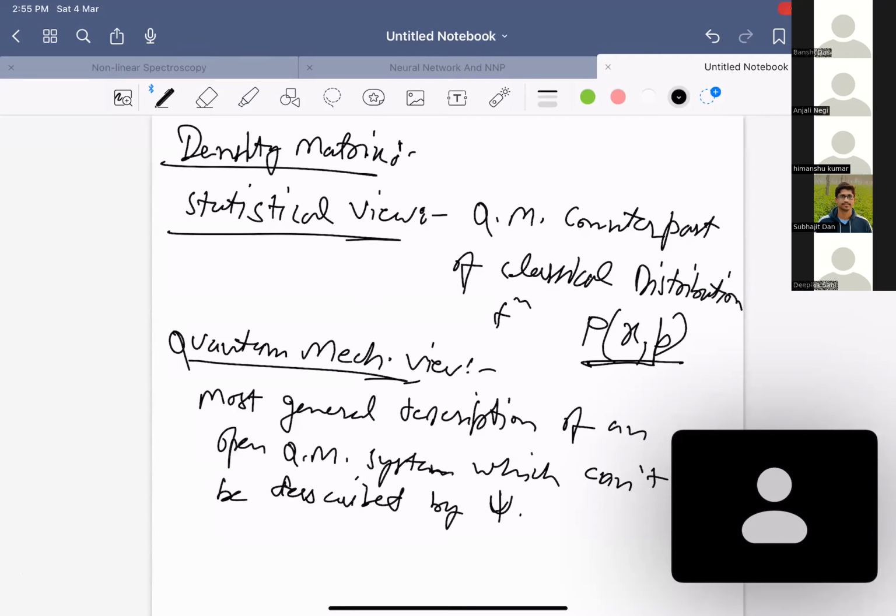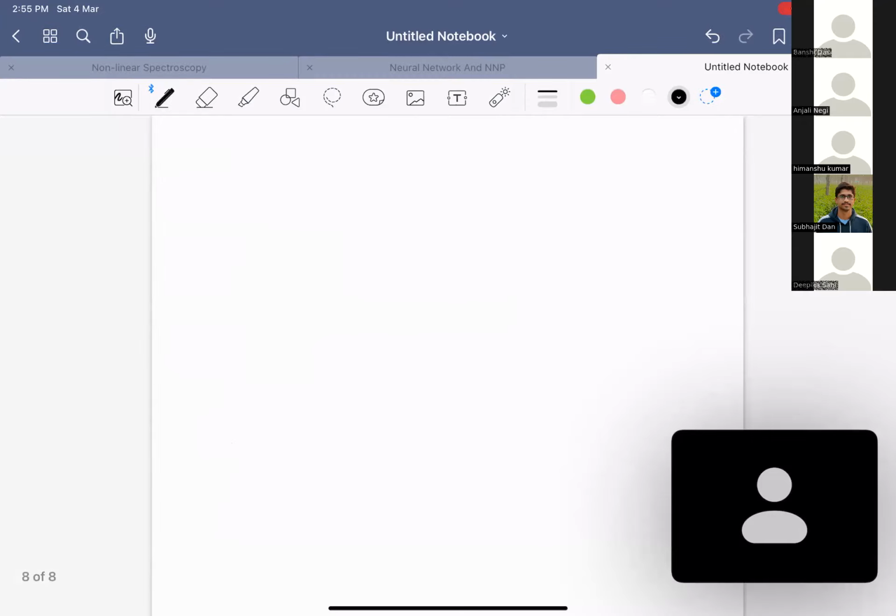There is another view, which is an operational view. It is more of a combination of both the quantum mechanical and statistical views, and it says that it's the most convenient way to collect all these parameters.